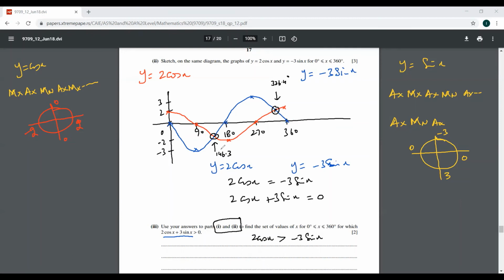Okay, so for this, we have to see what are the values of x for which the red part of the curve is above the blue part, because the red one is representing your cos x.